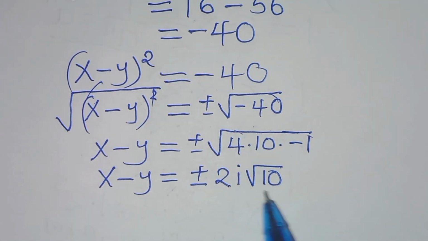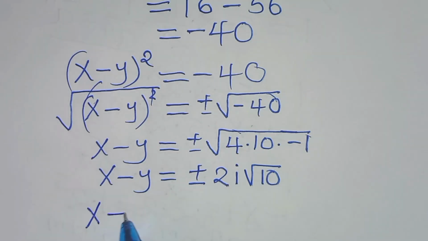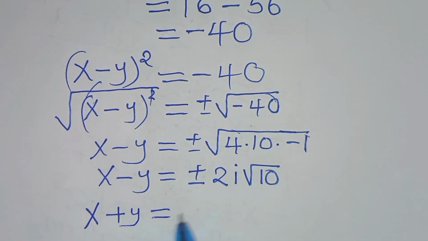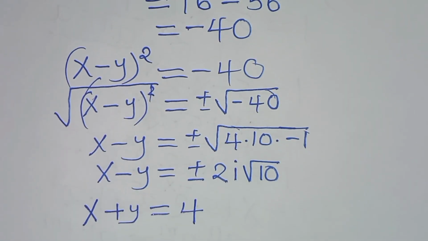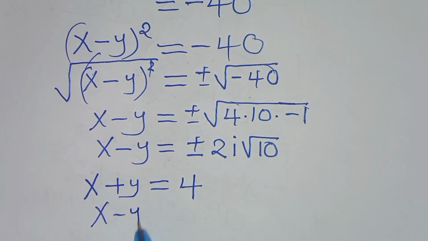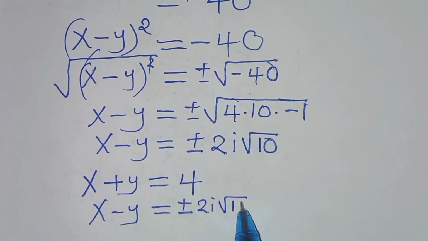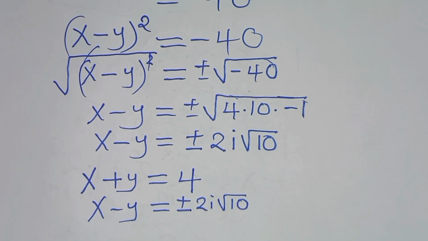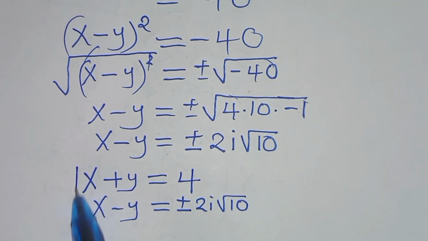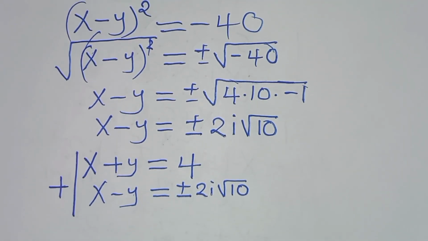Now, from what we have here, from equation 1, x plus y is equal to 4. And given that here, we have x minus y is equal to plus or minus 2i square root of 10. So these are two systems of linear equations. Let's add these two systems of linear equations.